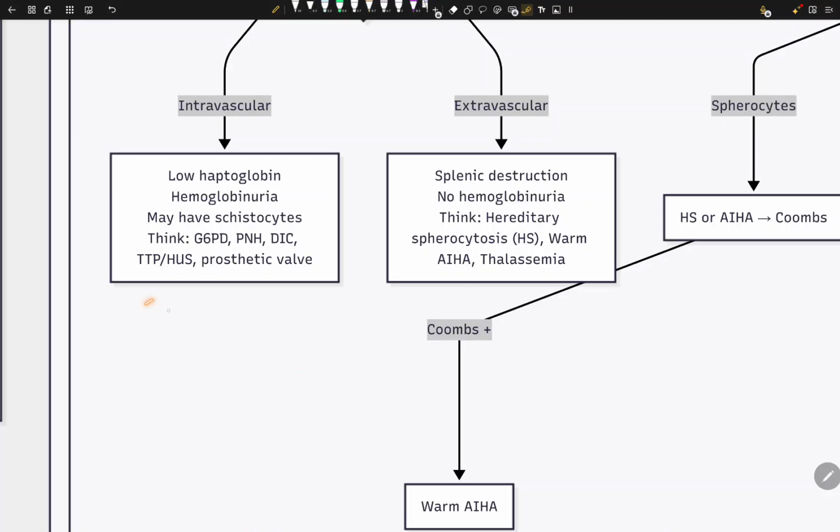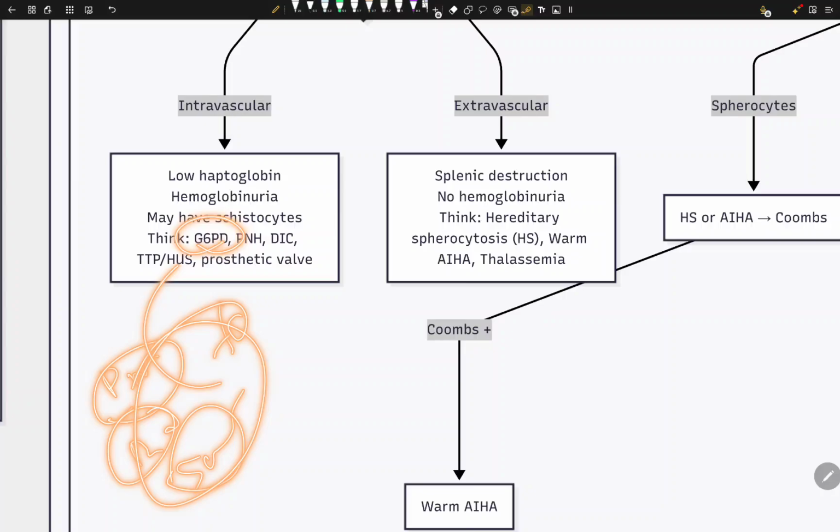Because it's X-linked, we can test G6PD in boys. Triggers are fava beans, drugs like primaquine, sulfa drugs, dapsone. All of them lead to G6PD problems.